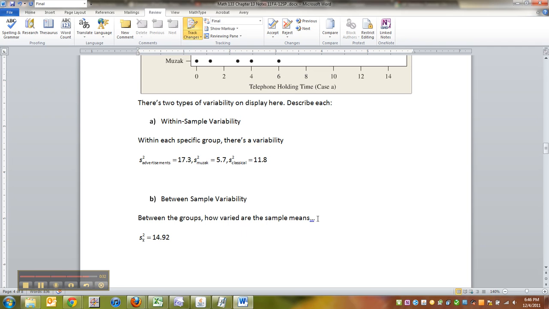Which is letting you know how varied, how different, how spread out were the centers of each group. And this is answering how spread out was each group individually, ignoring the others. All right, so this is the within sample variance, and this is between sample variance.